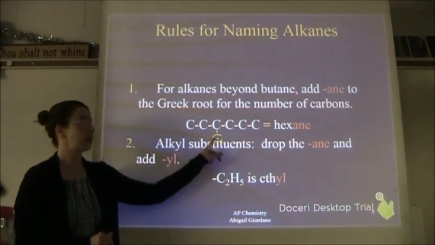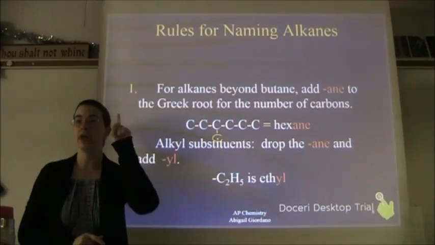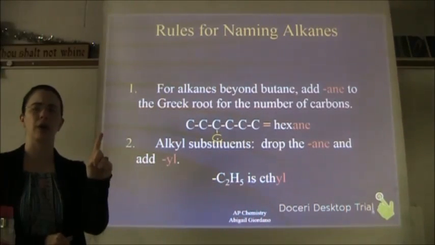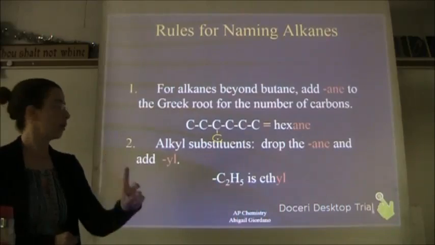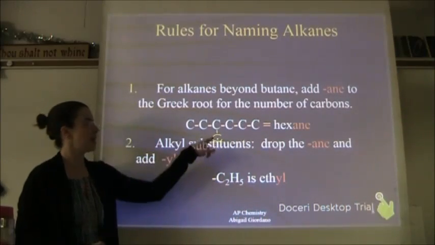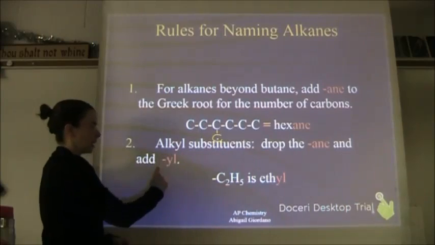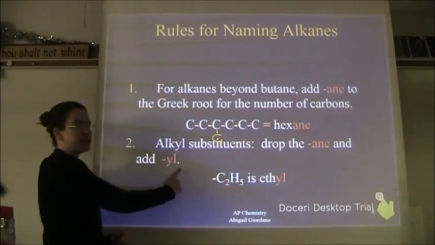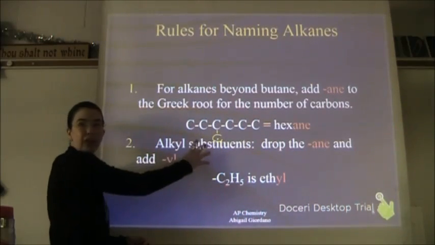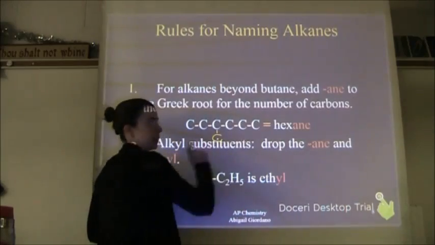Now, this substituent has 1 carbon. What's the prefix for 1 carbon? Meth. Well, I'm not going to call this methane hexane. If it's a substituent, it gets the yl ending. I would call this methyl hexane.